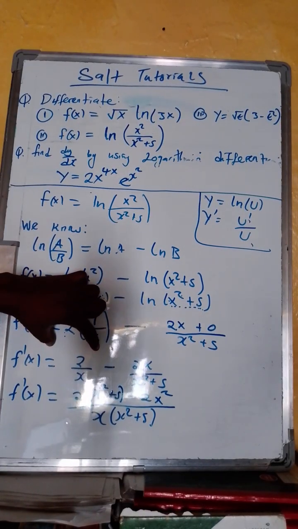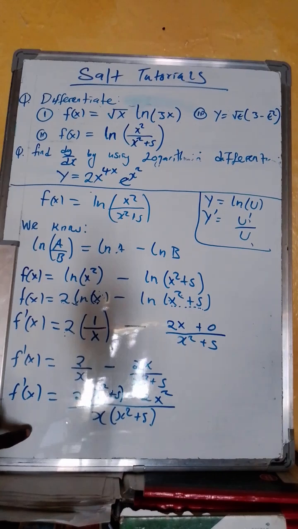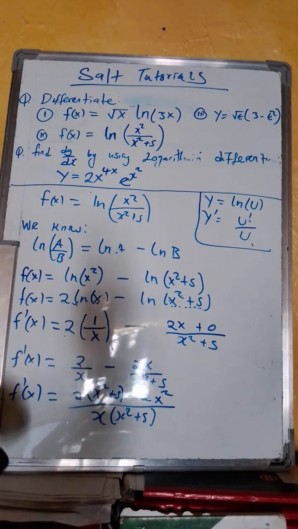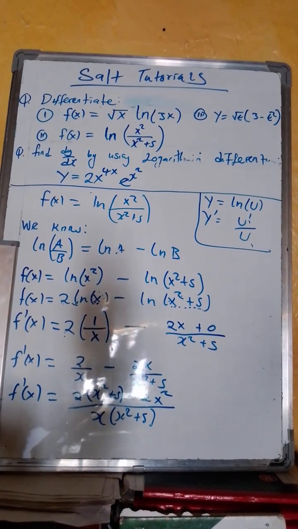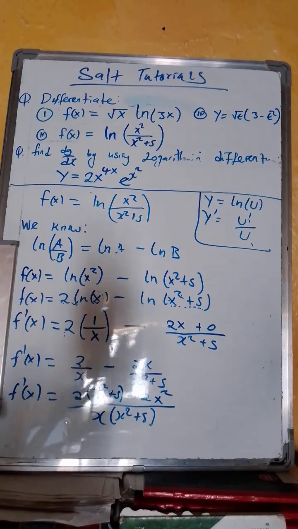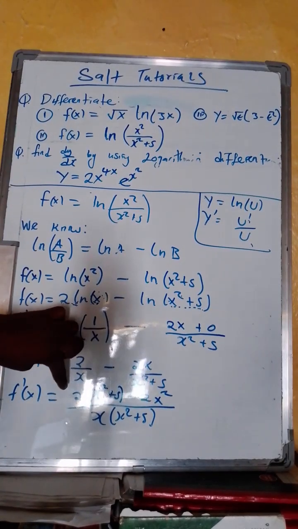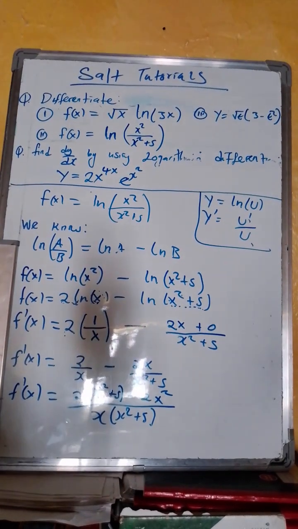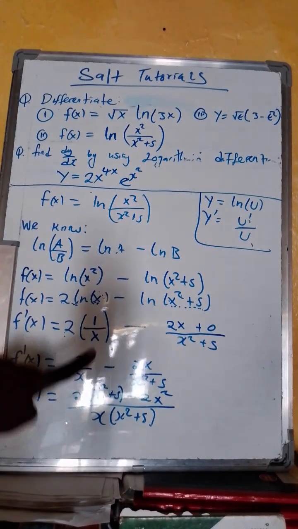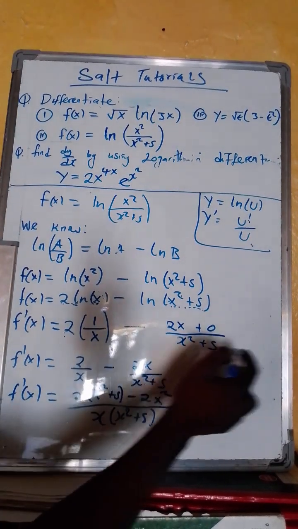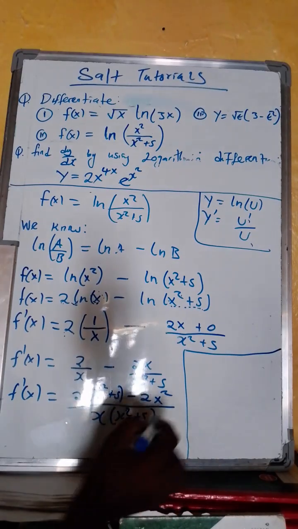After finding the f prime of x, now I'm trying to simplify as a single fraction. That's what we're trying to do there. So trying to simplify the single fraction, then lowest common denominator between x and x squared plus 5. I'm sure that's a grade 1 method. And then from there, simplify the numerator.